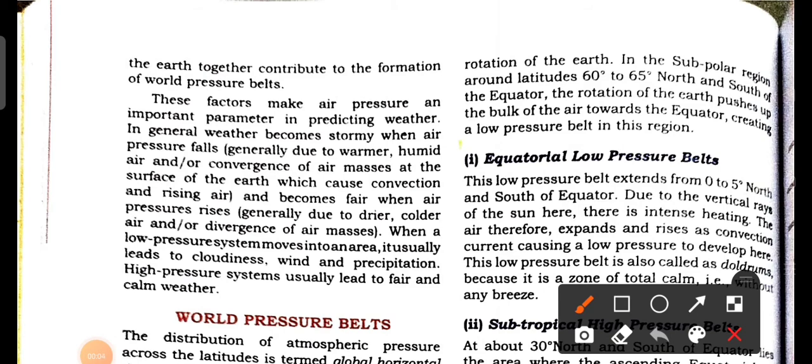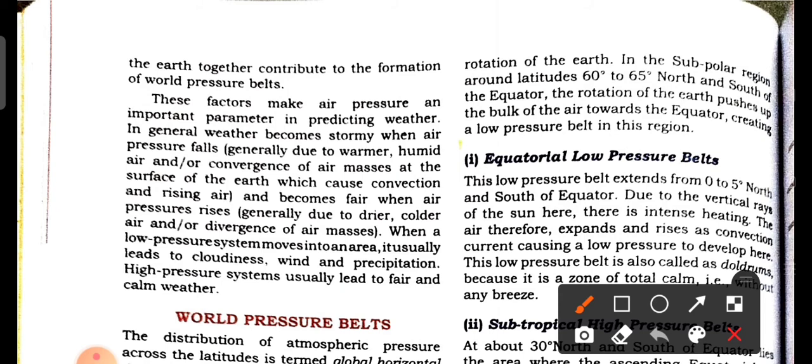So from here we know that the convergence of the air masses at the surface is caused by convection and rising of the air. As the air gets warmer, it rises in the upward direction, and the air present in the high pressure area moves swiftly towards the low pressure area, which causes stormy weather.